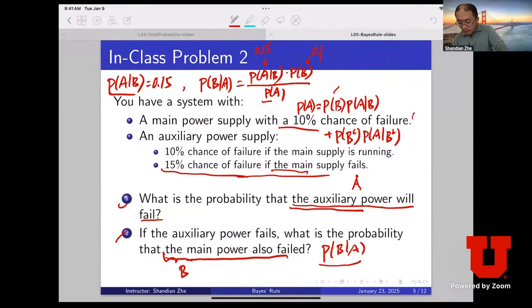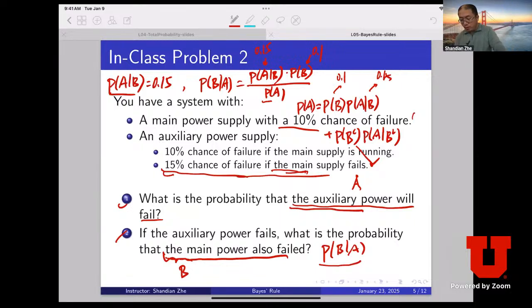So this guy we already know. P of B, the probability of failure for the main power, is 0.1. And given the main supply fails, the auxiliary supply fails with 0.15 chance, so this is 0.15. Then how about this guy? What is the probability of B complement? 0.9, right?